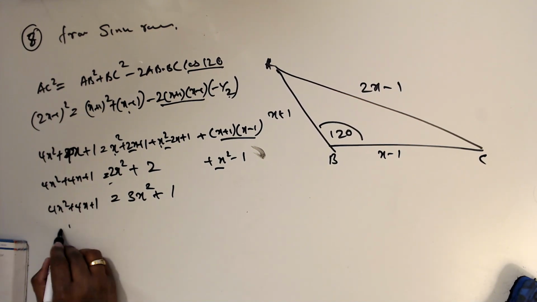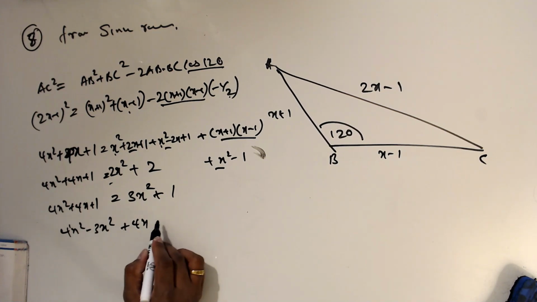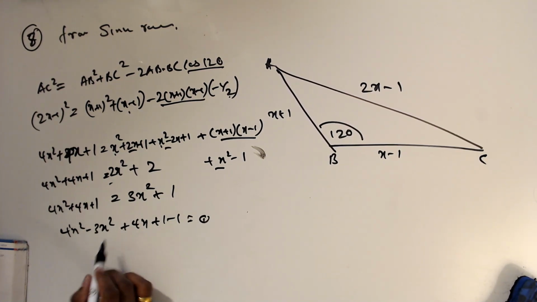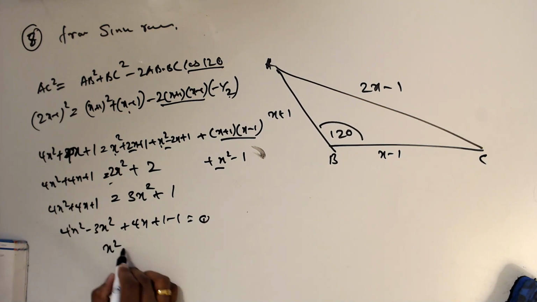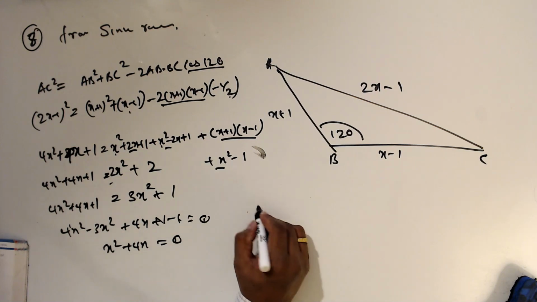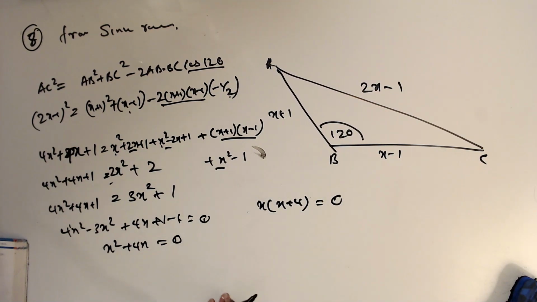Then 4x square minus 3x square plus 4x plus 1 minus 1 equals 0. This is going to be x square plus 4x, this cancels out, equals 0. X plus 4 equals 0. So x value is going to be a negative value.